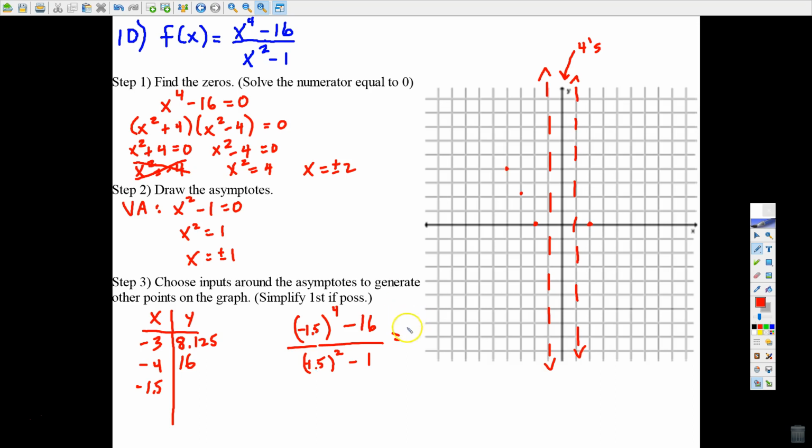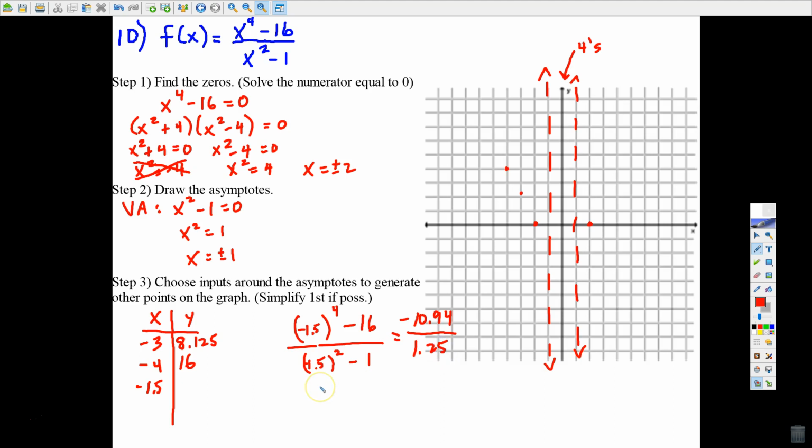That's my numerator. Now again, you don't have to show all of this. You can just do all this in your calculator. Just trying to give people something to... Some people are struggling a little bit with just using their calculator correctly to get these outputs. Okay, -1.5 squared minus 1. And that's 1.25.